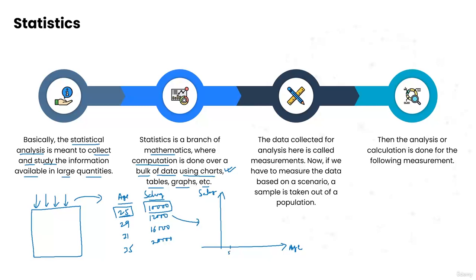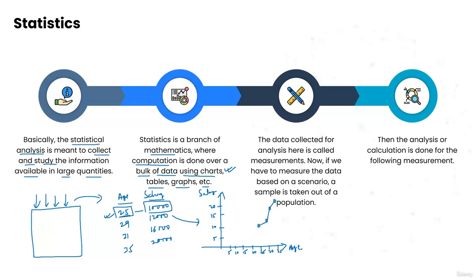Let's say we have 5, 10, 15, 20, 25, 30, 35. Around 25 we have 5,000, 10,000, 15,000, 20,000. Now, if I plot age 25 and 10,000 salary, which is somewhere around here, age 29 and 12,000 is somewhere around here, age 31 and 16,000 is somewhere around here, age 35 and 20,000 is somewhere around here.